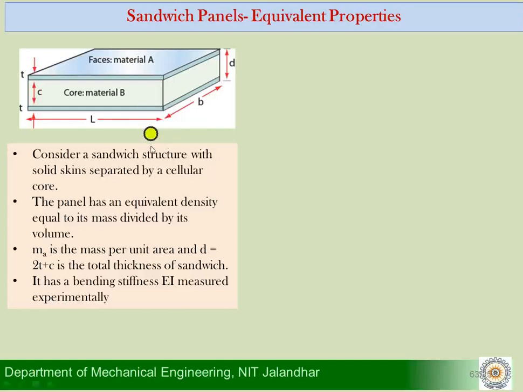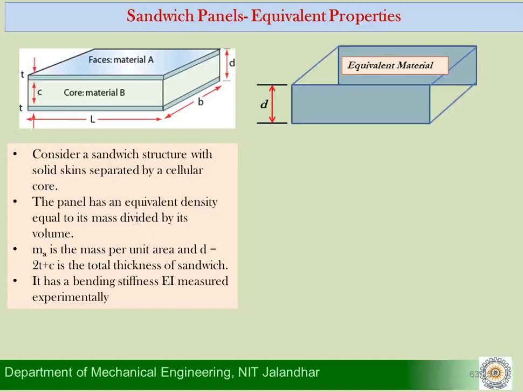We have discussed already that a sandwich is composed of two different materials, in this particular case a core made of material B and two faces made of material A. And we can then say that this whole of it can be equivalent to a material in its own right. So this is the equivalent material having the same thickness D here, but now it is made up of a single material.